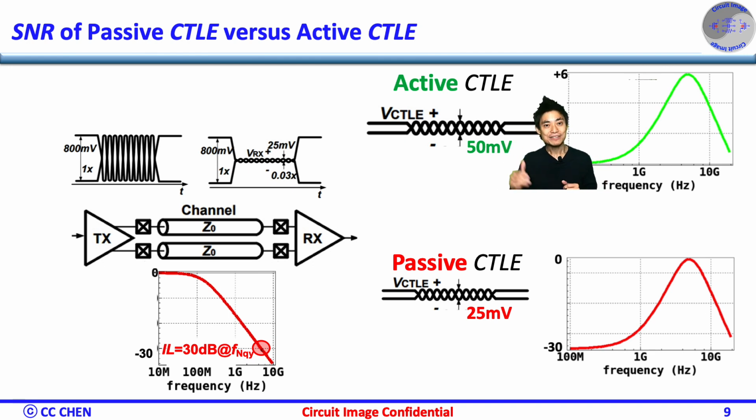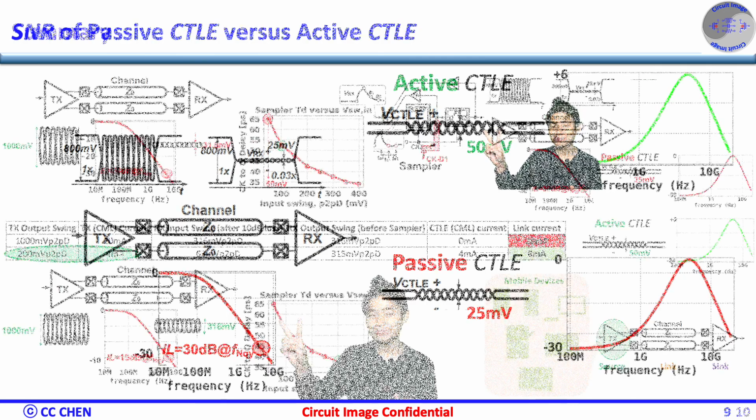Also, the active CTLE's DC gain is minus 24 dB, which has half the emphasis, or degenerated from 800 mV to 50 mV. Therefore, the SNR of the active CTLE in this case would be twice that of the passive CTLE, assuming the noise level is similar in a good design with noise optimization, but the swing is twice.